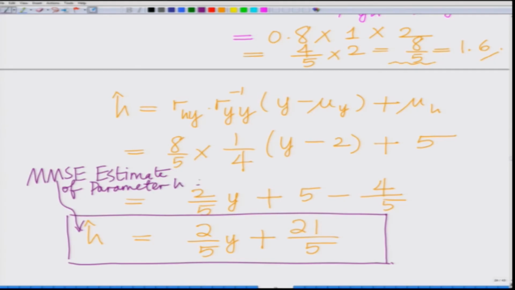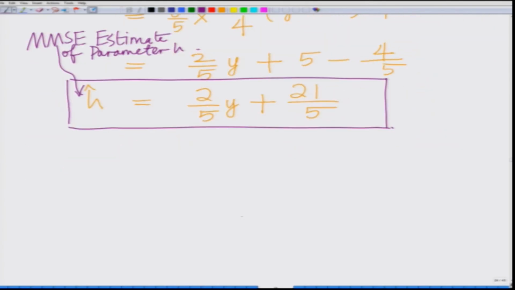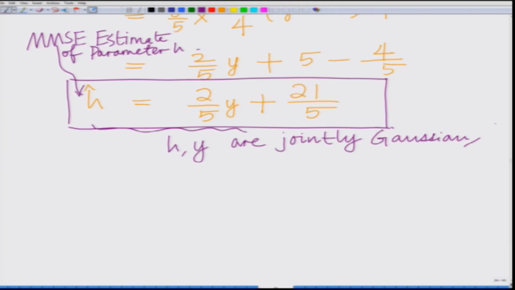Remember, this is assuming h comma y are jointly Gaussian. That is an important assumption.